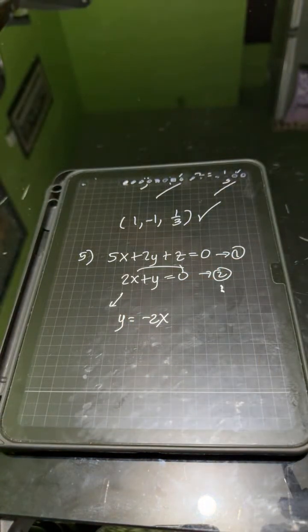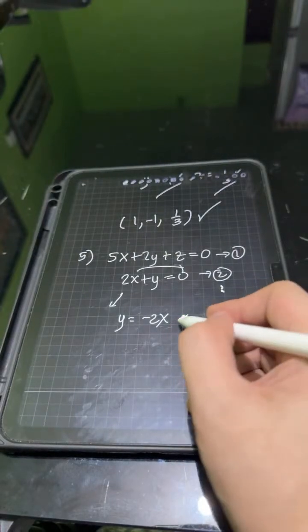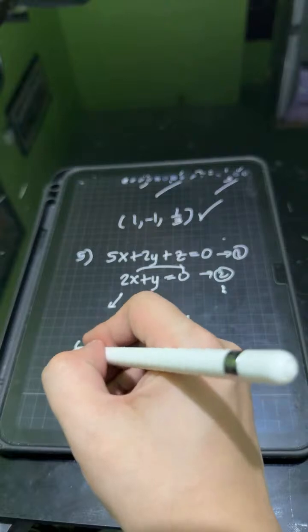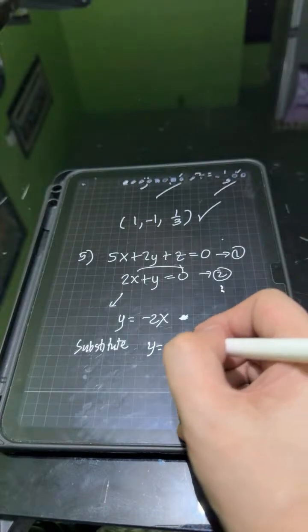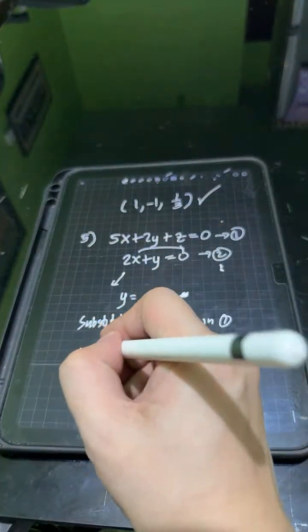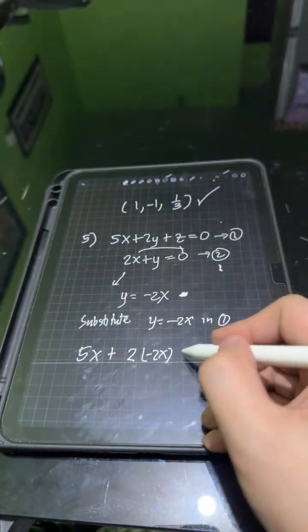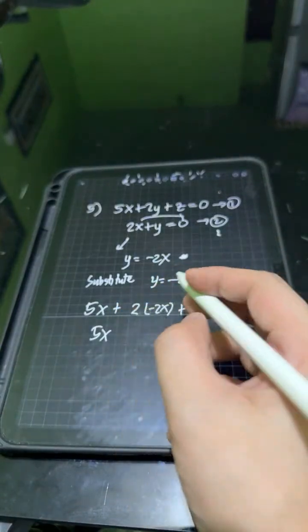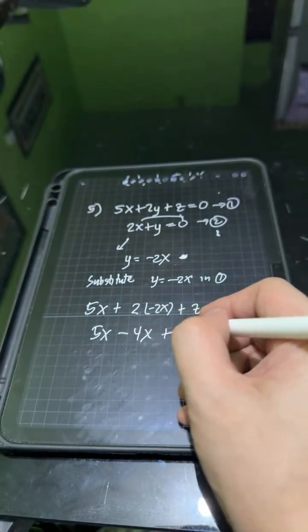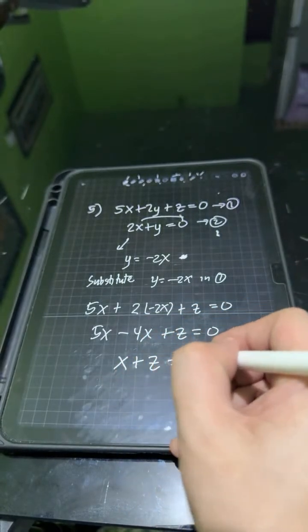Substituting y equals negative 2x in equation 1, we have 5x plus 2 times negative 2x, negative 4x, plus z equals 0. 5x minus 4x is x plus z equals 0.